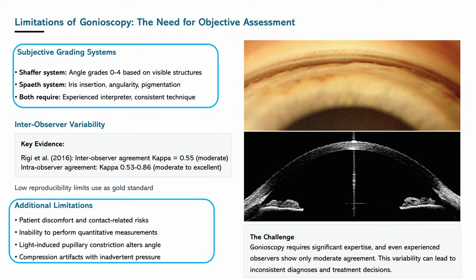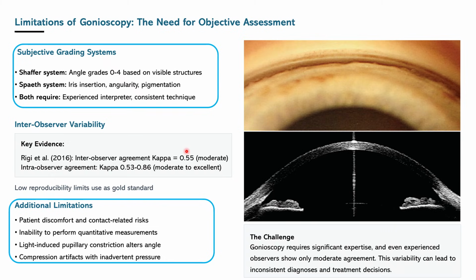Apart from this, there is discomfort to the patients, and the light that we apply will induce miosis, and this miosis will open the angle, so the assessment will not be very precise. These are some of the limitations of gonioscopy, along with the compression on the eye and the pain induced to the eye.